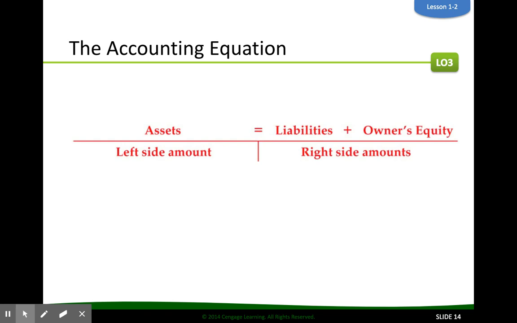We took the assets minus the liabilities to determine the personal net worth. Another way of writing that is saying assets equals liabilities plus owner's equity. This equation always has to balance. Whatever's on the left-hand side needs to match the right-hand side. So the accounting equation must always be in balance. The total on the left must always equal the total of the right.